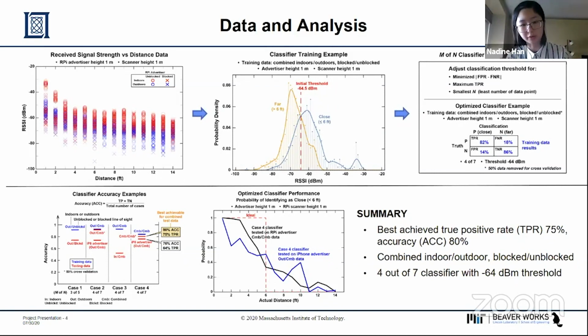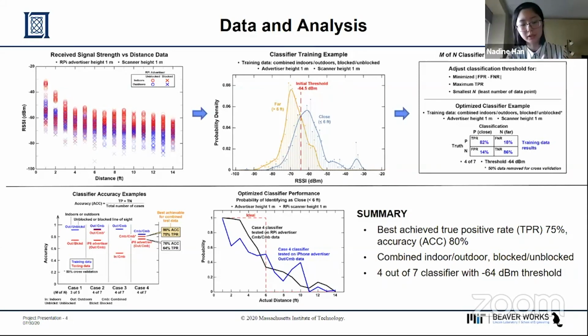I applied a Bayesian algorithm to get a starting threshold, which is just the overlap between those two distributions. And if you notice, even though there is a threshold, there's a lot of overlap, especially around the middle. The threshold hard identifies anything to the right as close and anything to the left as far.